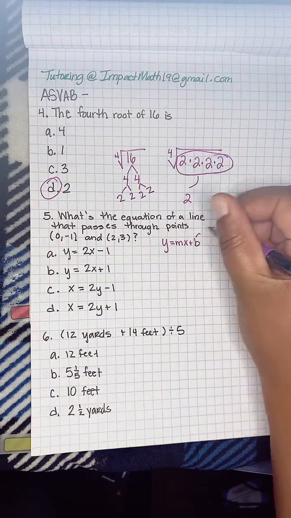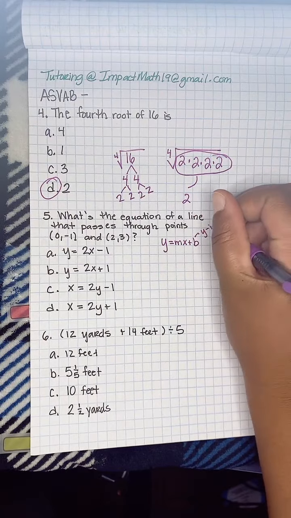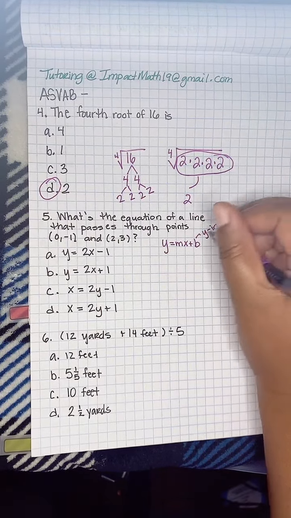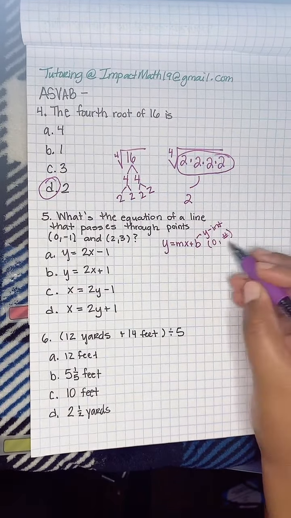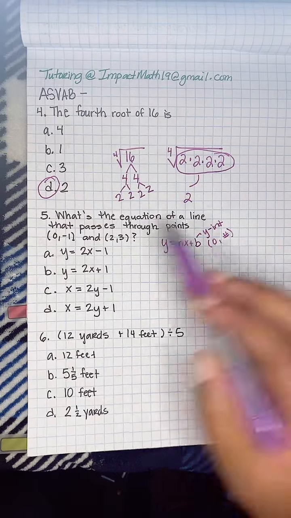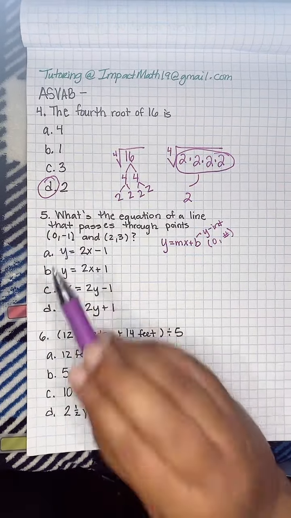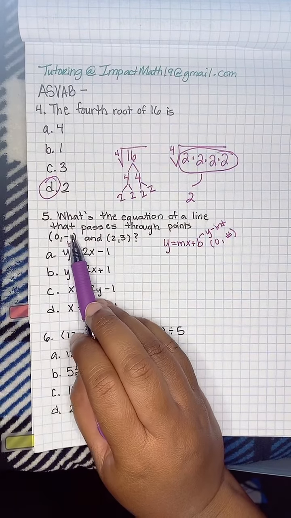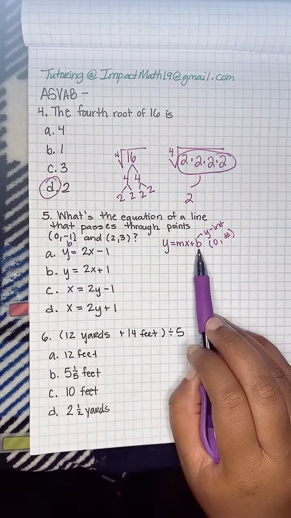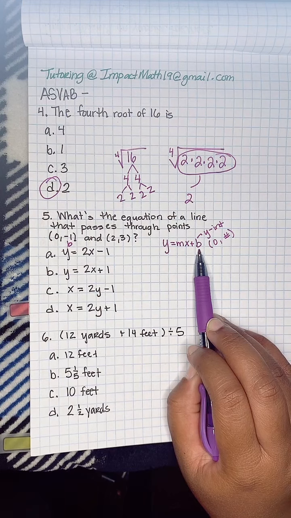What you have to understand about b is that it's called the y-intercept, and a y-intercept consists of a 0 and then a number for y. We're lucky here because the first point they gave us is the b. This is called a y-intercept. So this -1 is the b that we're going to plug into our equation.